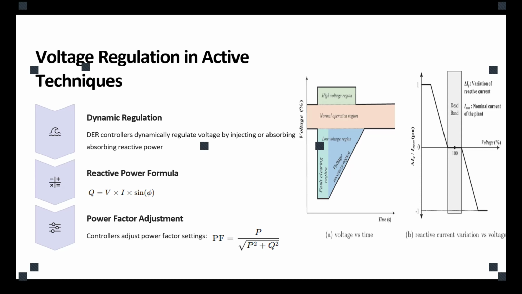So basically, when we change the reactive power, that means a portion of active power is now dedicated to the reactive power. Meaning the power factor would be disturbed, which we also don't want. So when we want to regulate that, we have to consider voltage, reactive power, and power factor. Are we clear so far?